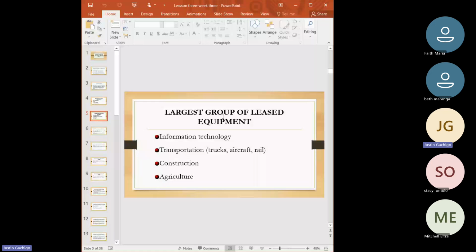So the largest group of leased equipment. These are the equipment which are normally leased. The list is not limited, but these are just the largest. One is information technology.